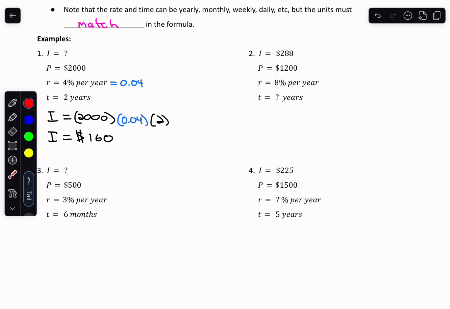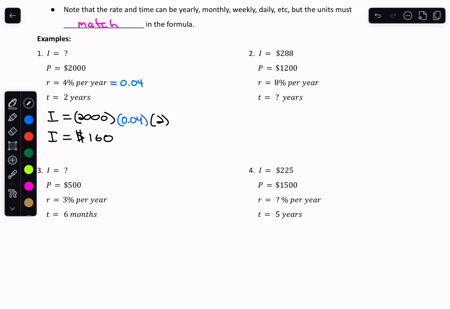We now have interest is $288, principal is $1,200, our interest rate is 8% per year, and we are solving for a number of years. So when I apply the formula, we're going to have a variable for t.